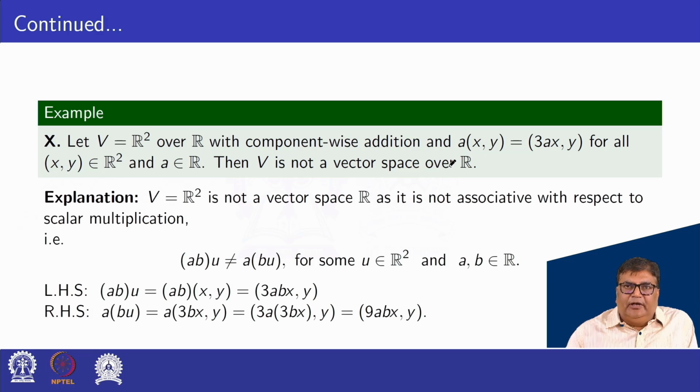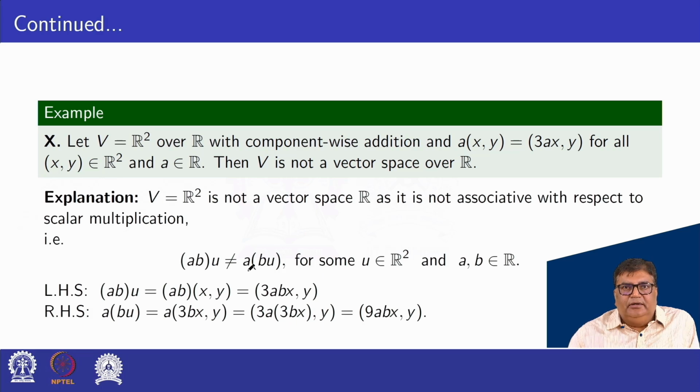Why? Taking the left hand side, (ab) into u, with u as the ordered pair (x, y). So (ab) into (x, y), as per this definition, we can write 3ab(x, y).